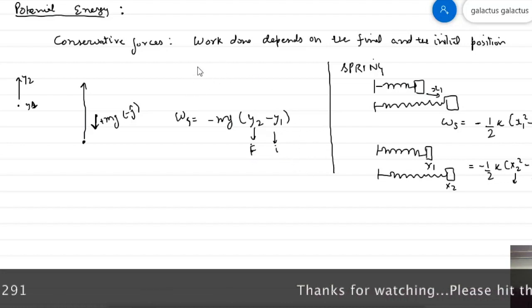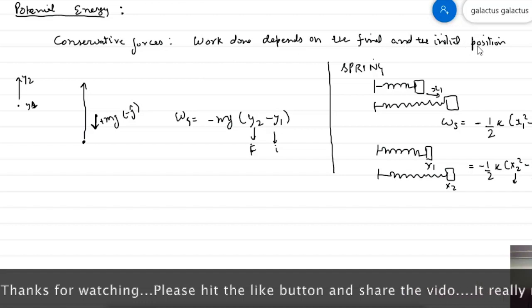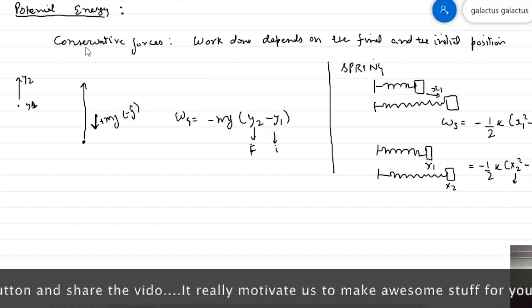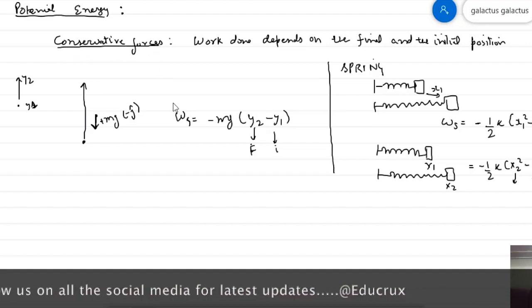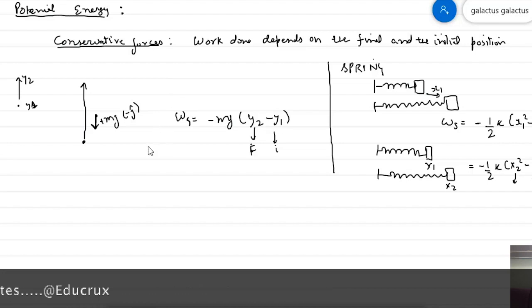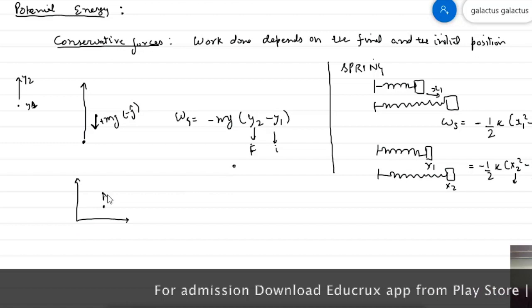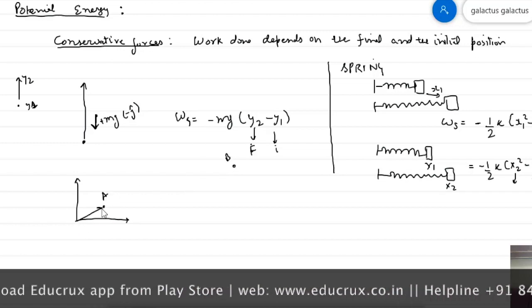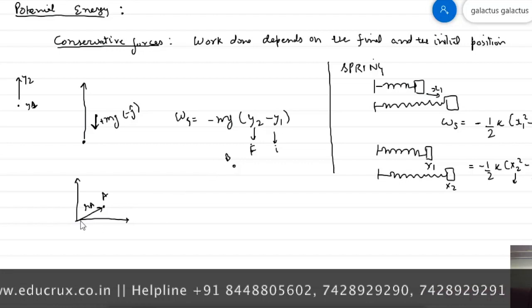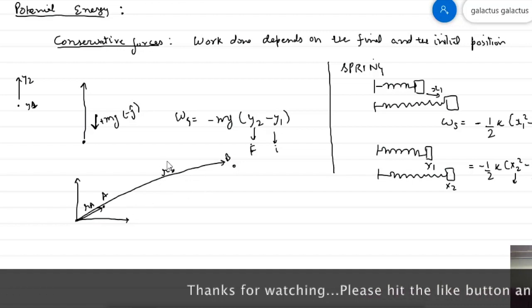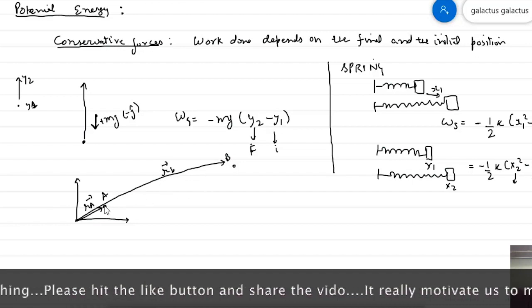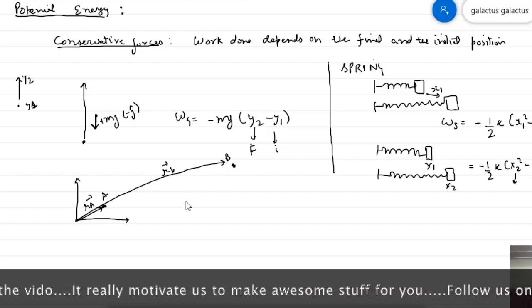So if the work done only depends on the final and initial position, then the force responsible for this kind of work is a conservative force. Work done in case of conservative forces doesn't depend on the path taken. For example, I have 2 points A and B, with position vectors RA and RB.